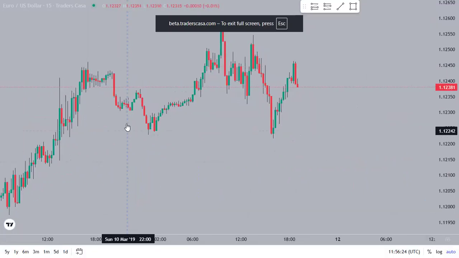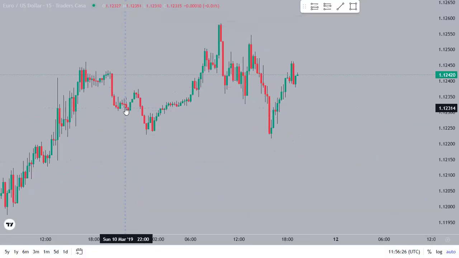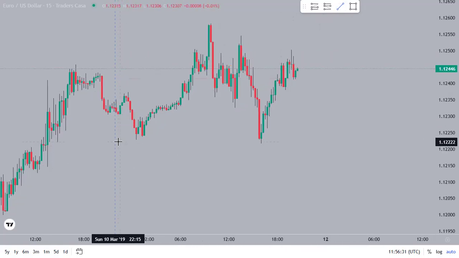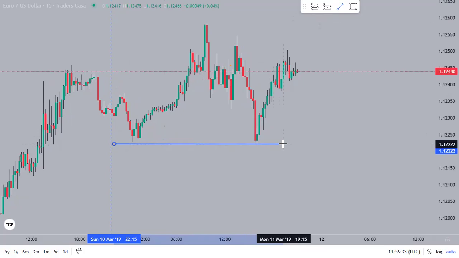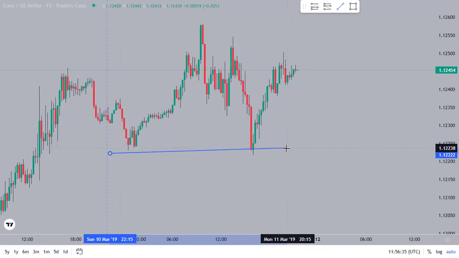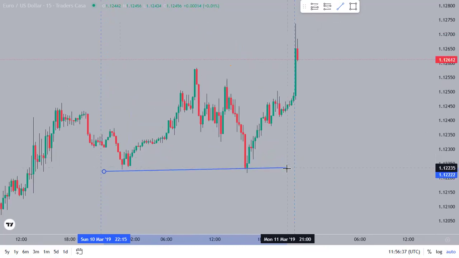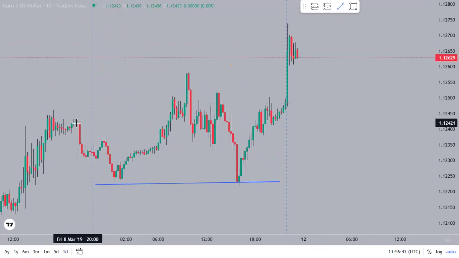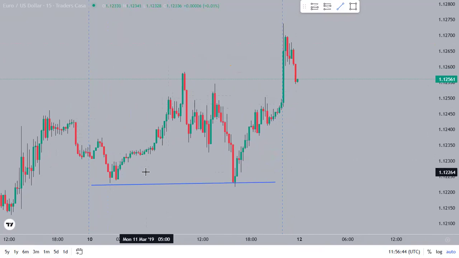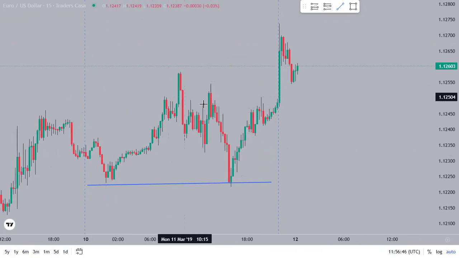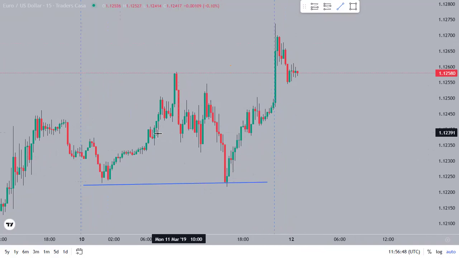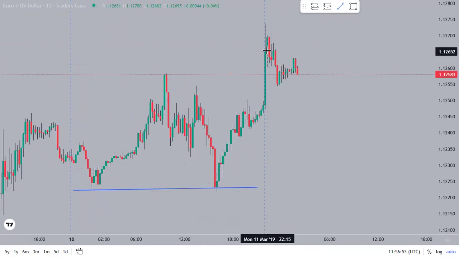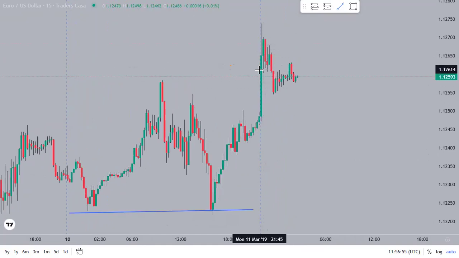Here we have the period separator, so the day started at this point. So far, this is the lowest that price has reached for the day. You can see the market did trend going up on this chart. So on this day, we had a bullish move.